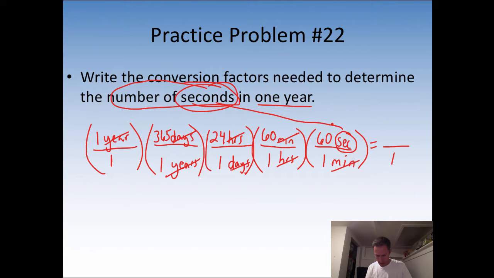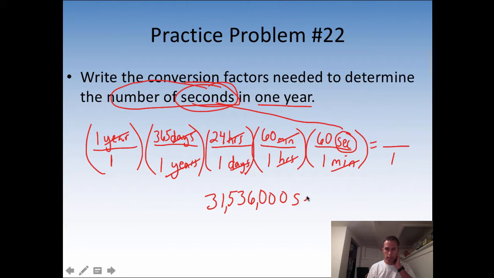Enter it in right. So I'm going to get this huge number, 31536000. Okay, hopefully that's correct. If I put in the commas here, and our units, don't ever forget the units, is seconds.